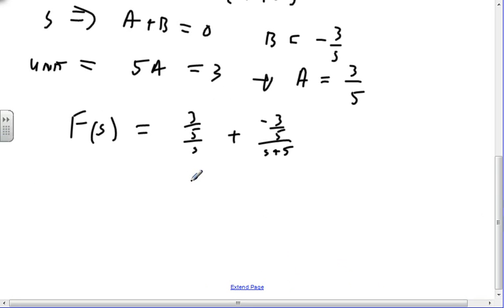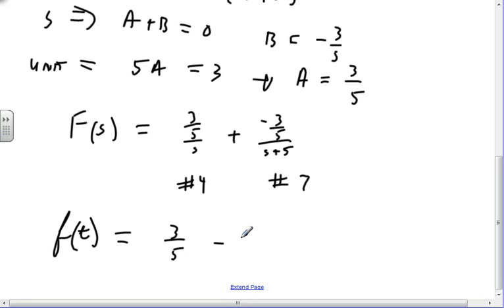Then I'm going to use number 4 on that guy, and number 7 on that guy, and we're going to write that f of t is 3/5 minus 3/5 e to the minus 5t. Okay, all right, so that is what I would do if I wasn't going to use theorem 2.